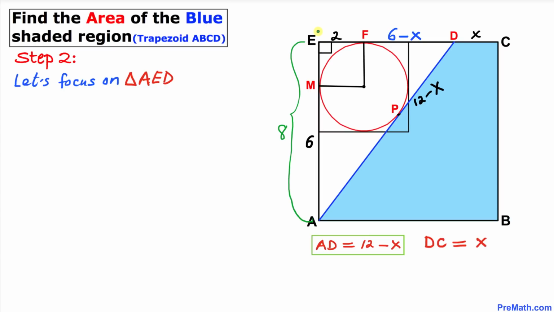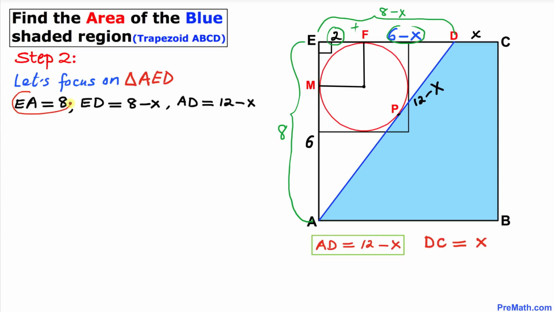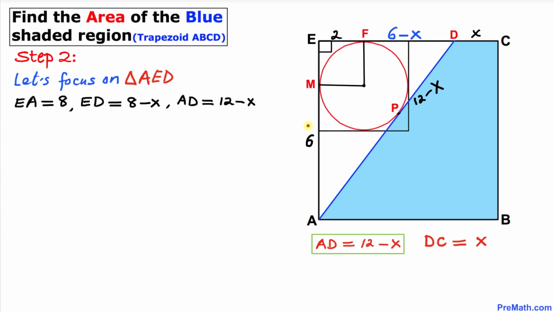And moreover, this side of the triangle, ED, is going to be simply 2 plus 6 minus X, which gives us 8 minus X. So thus our EA value turns out to be 8, ED is 8 minus X, and AD is simply 12 minus X. And since this is a right triangle, we are going to use the Pythagorean theorem.